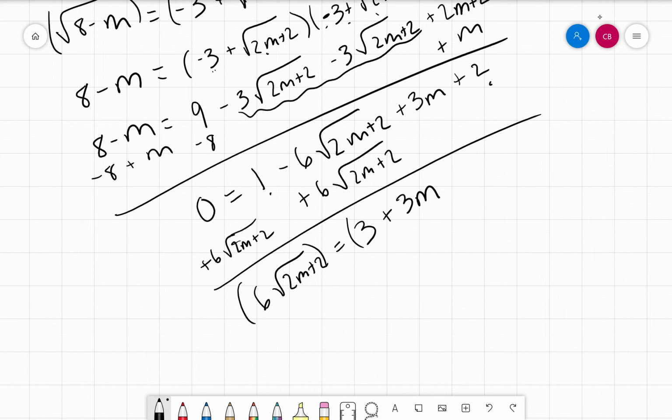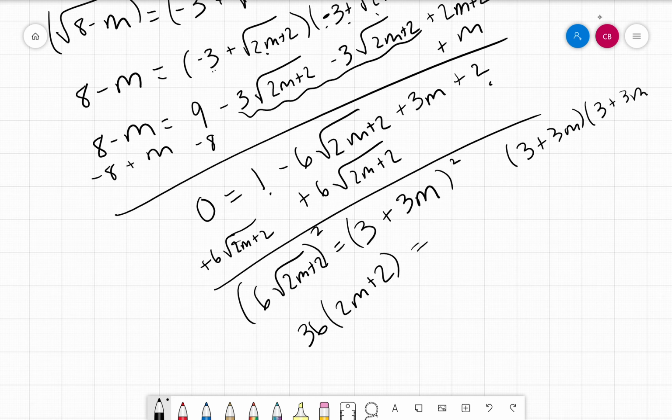Okay, we're going to square both sides. 6 squared is 36. 2m squared plus 2 is just 2m plus 2. Then we're going to FOIL this out. This is a perfect square trinomial.